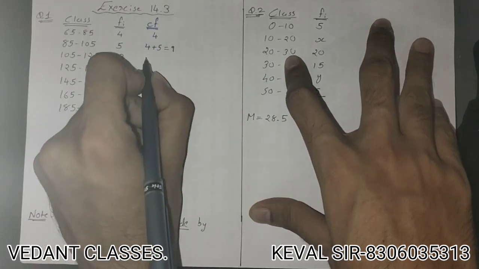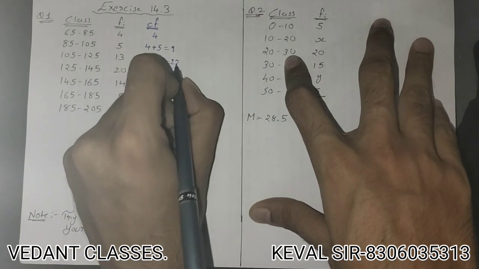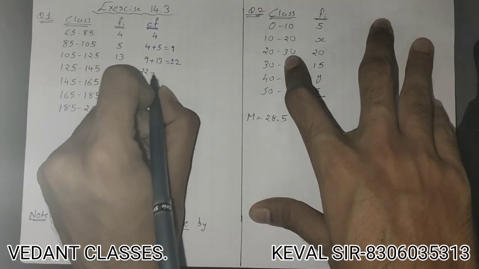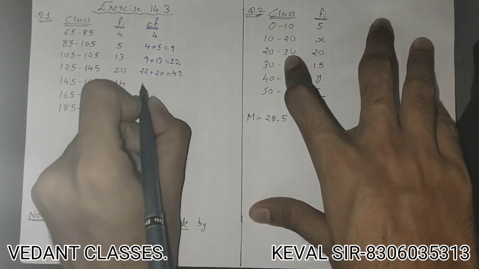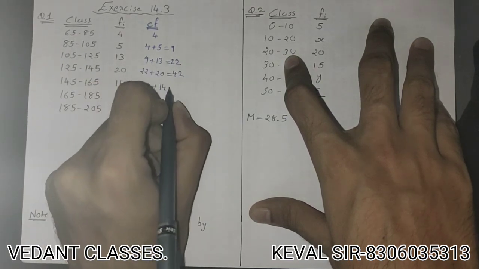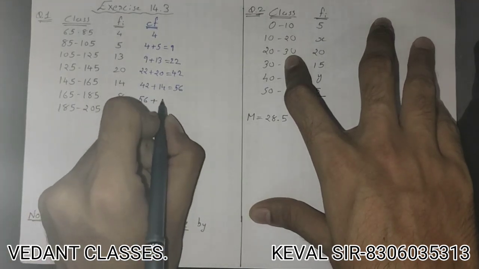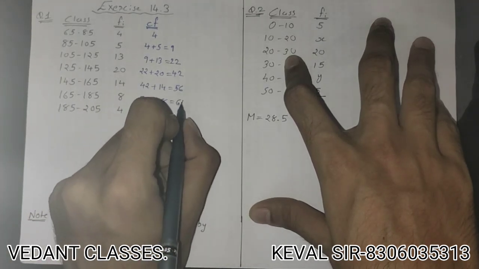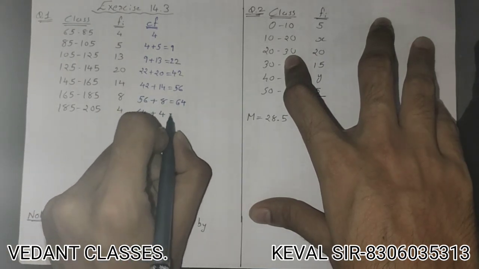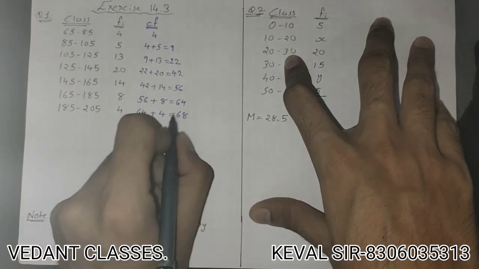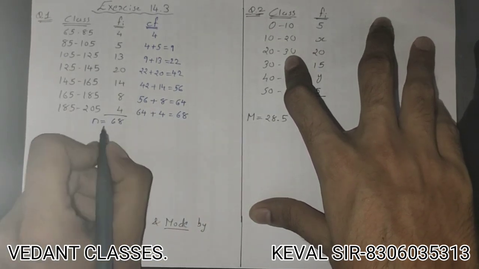Then 9 plus 13 is 22. Then 22 plus 20 is 42. Then 42 plus 14 is 56. Then 56 plus 8 is 64, and 64 plus 4 is 68. This final value is the total frequency, so it is 68.